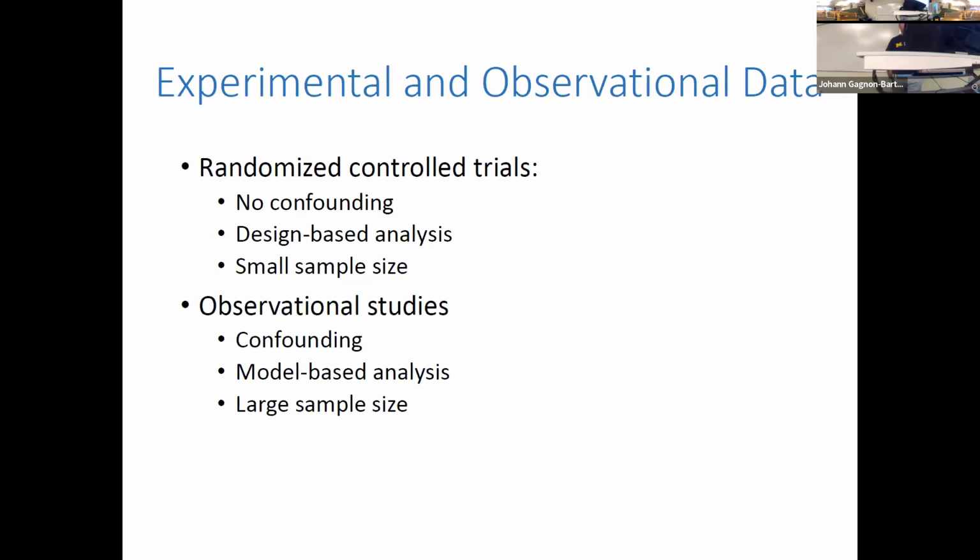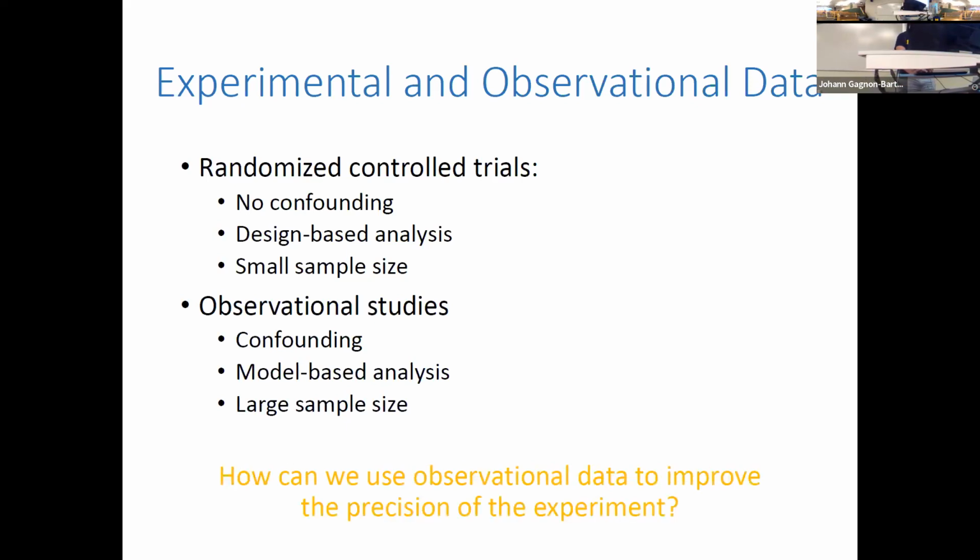To contrast with observational studies, you typically have to worry about confounding. To deal with the confounding, you often end up doing some sort of model-based analysis, which involves various modeling assumptions. But on the plus side, you often have a very large sample size. Okay, so what we're hoping to do is, at least to some extent, get the best of both of these worlds. And the very specific question that we're going to be asking is, how can we use the observational data to improve the precision of the RCT?